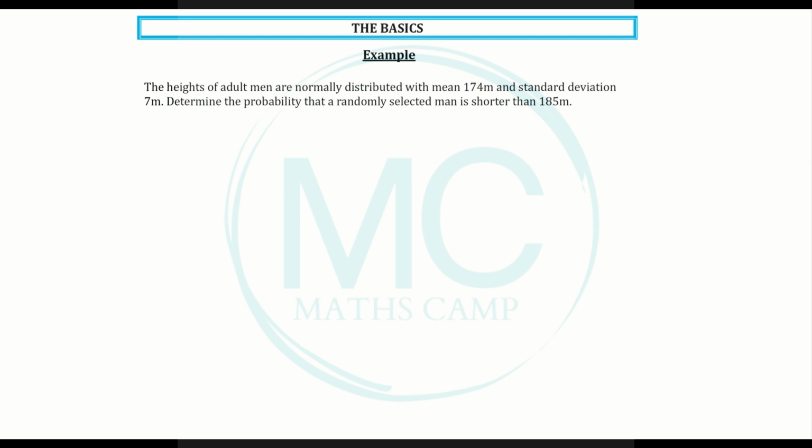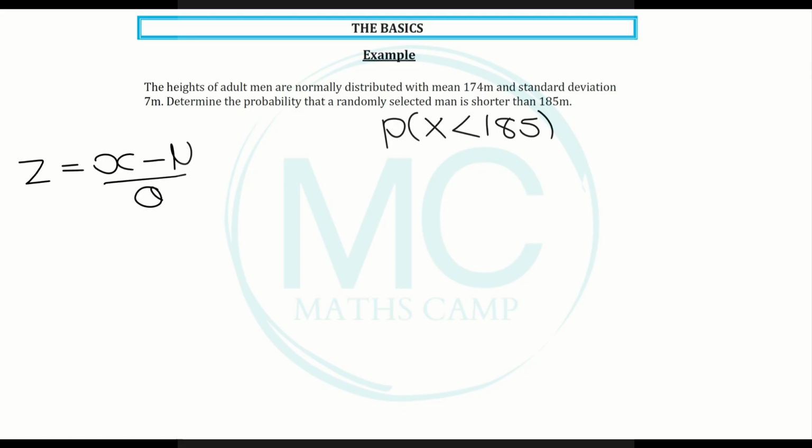So here, we're being asked to find the probability that x is smaller than 185. When working with normal distribution, we use the formula z is equal to x minus mu over sigma.